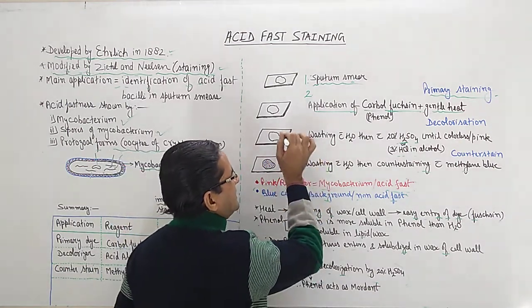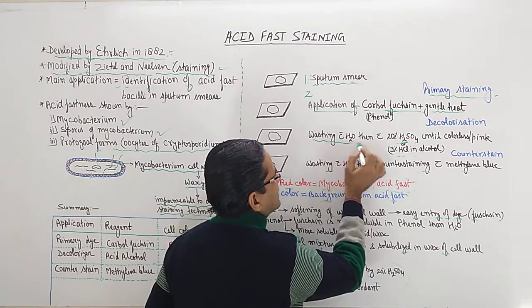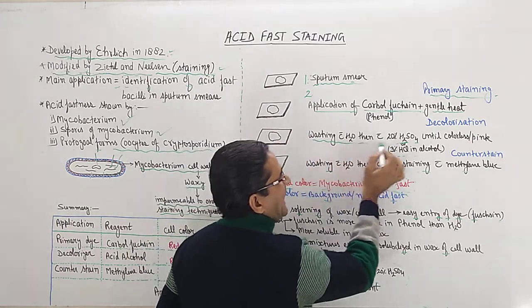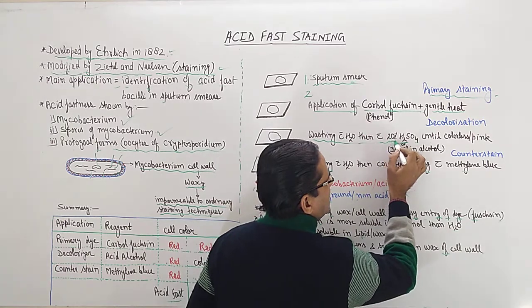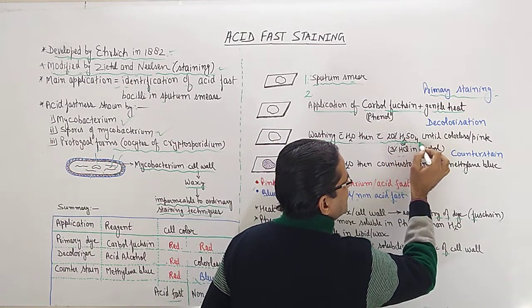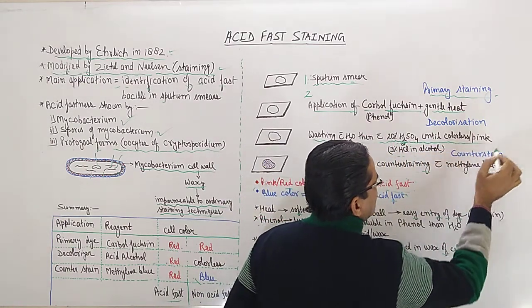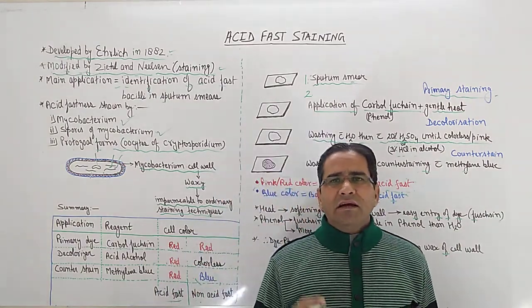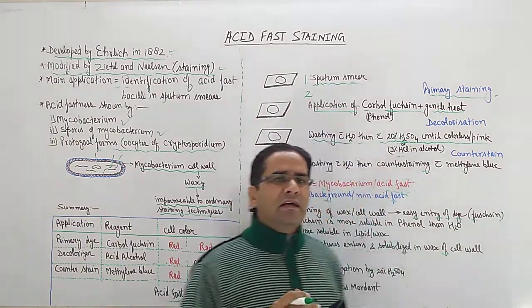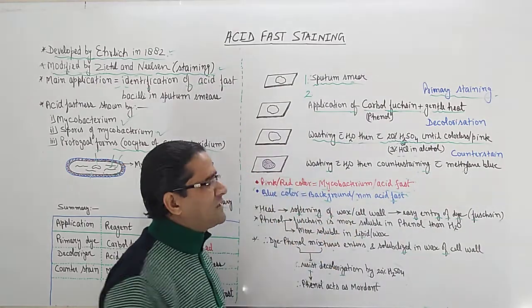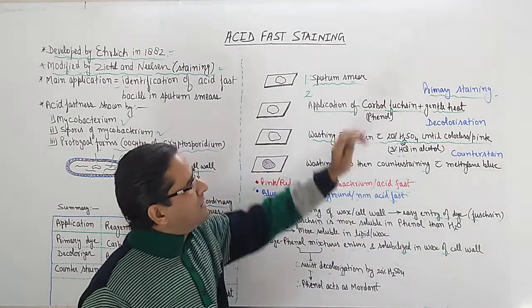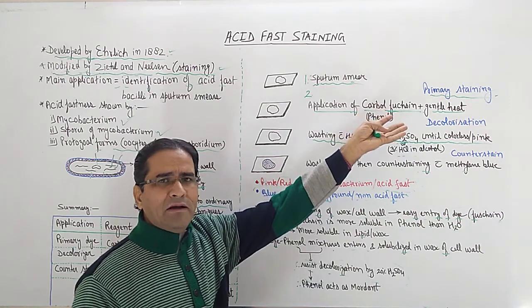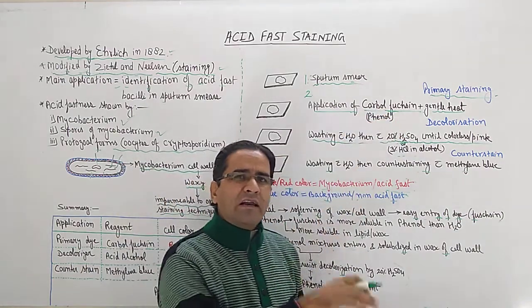The slide is then washed with water, and after that 20% H2SO4 is applied to decolorize. As we have seen in the gram staining method, different steps are there; here also we can see different steps. First we apply the primary dye, now we want to decolorize.